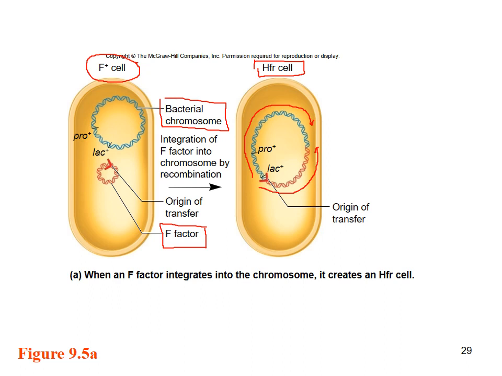We can go back and forth, because occasionally the HFR cell will reverse the integration and cause part of the plasmid to be ejected from the bacterial chromosome. When doing so, it can actually take some of the genes from the bacterial chromosome with it, allowing them to be transferred into another bacterial cell.